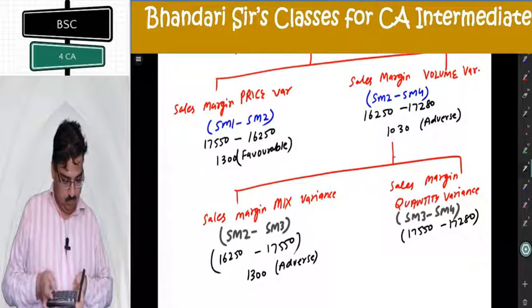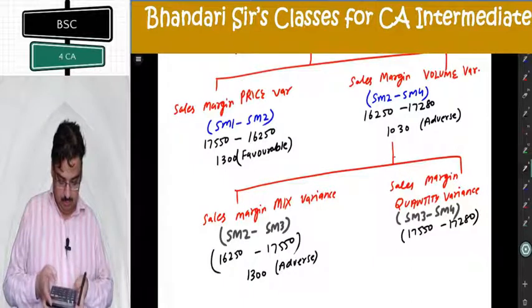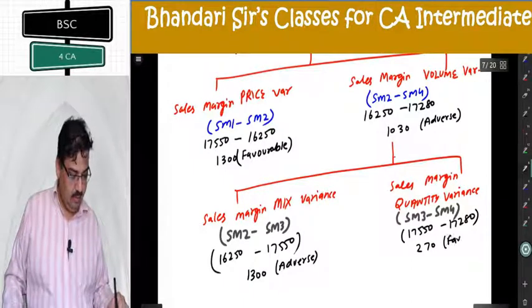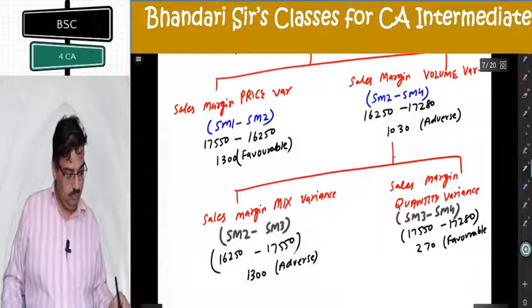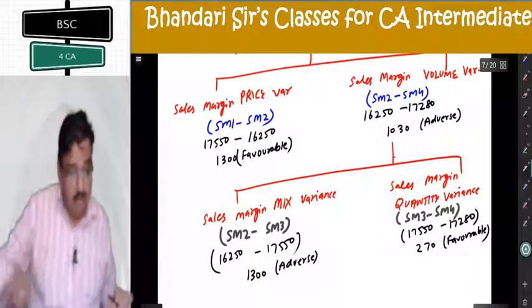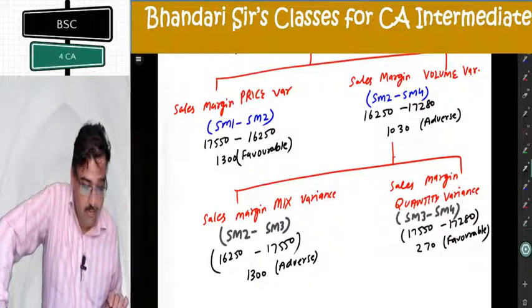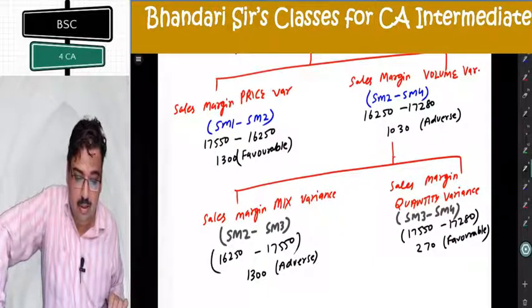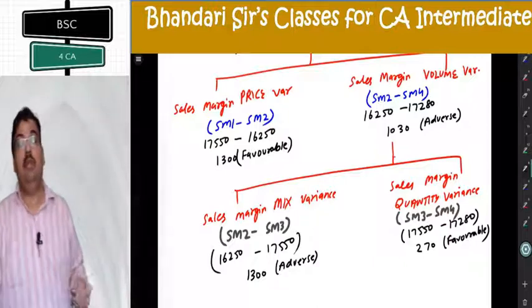I'm getting 270 favorable. So 1300 adverse along with 270 favorable. That is the ultimate answer of this question.